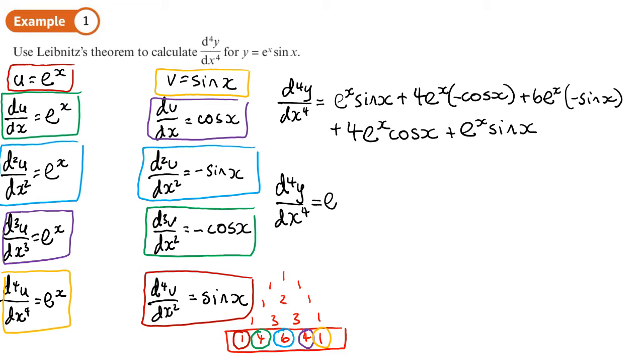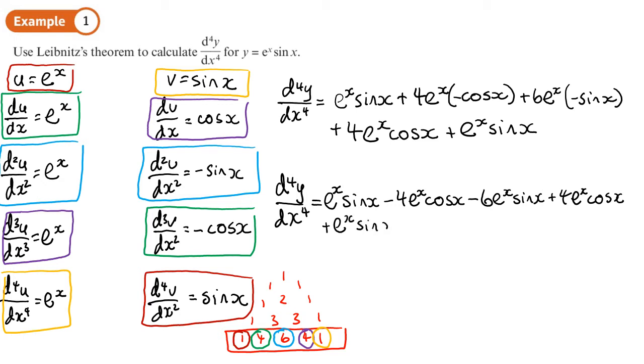And that'll be e to the x sine x minus 4e to the x cos x minus 6e to the x sine x plus 4e to the x cos x plus e to the x sine x.